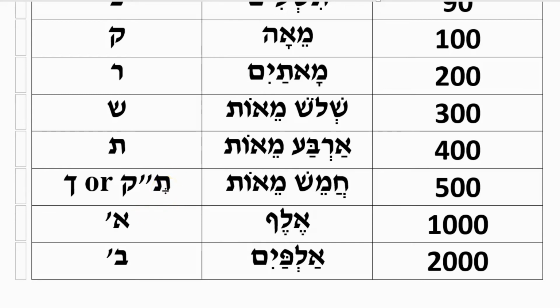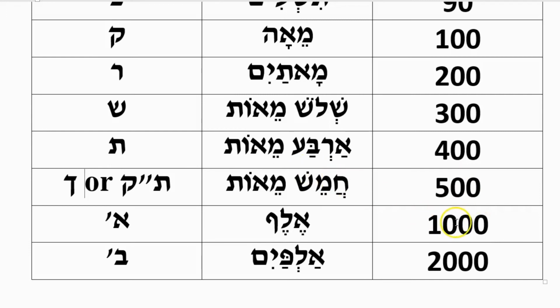Fine, so we have two options. This would probably be the more traditional option, and this would be more for the modern Israeli public. But you'll see both. In fact, in most instances, you'll just see the Arabic numeral.